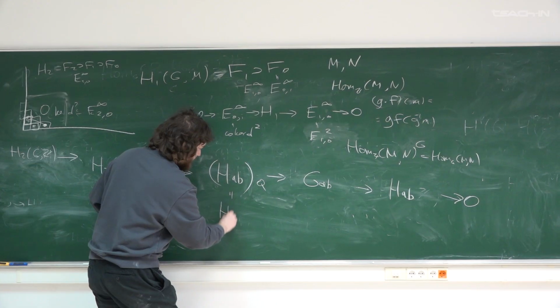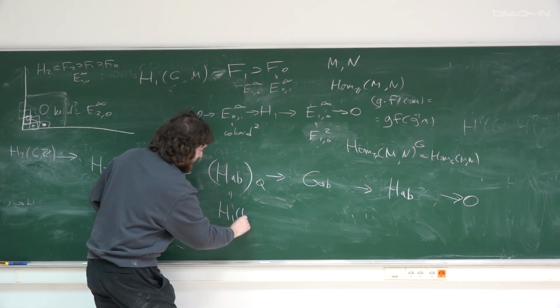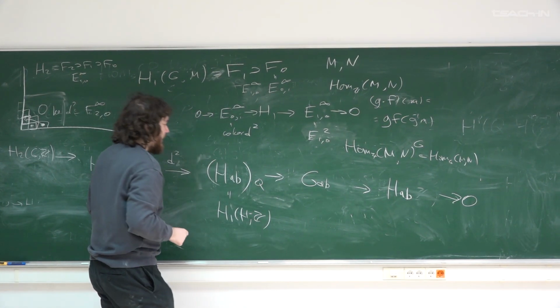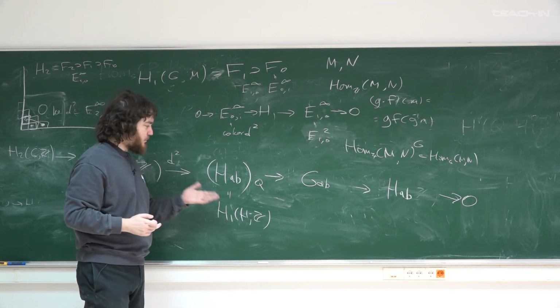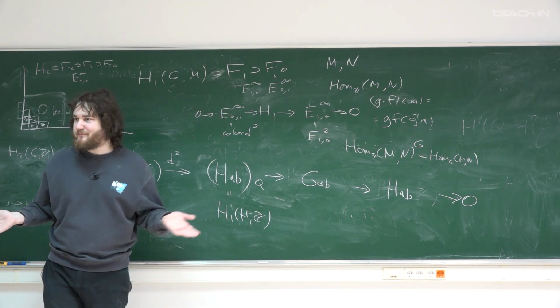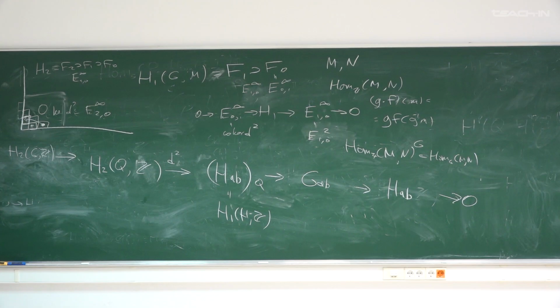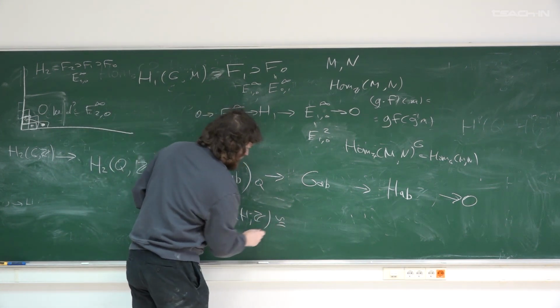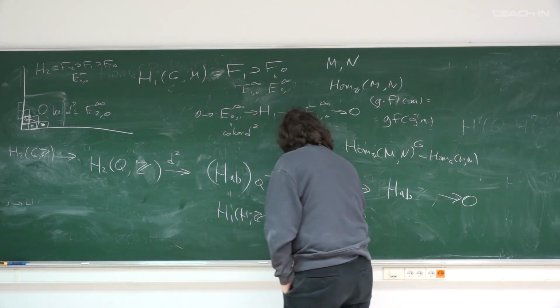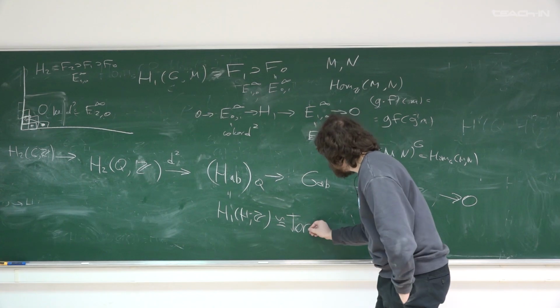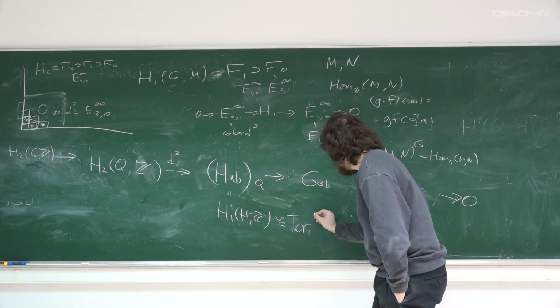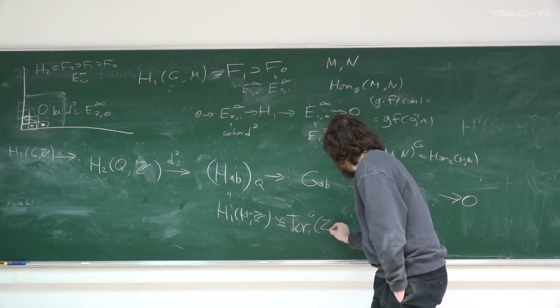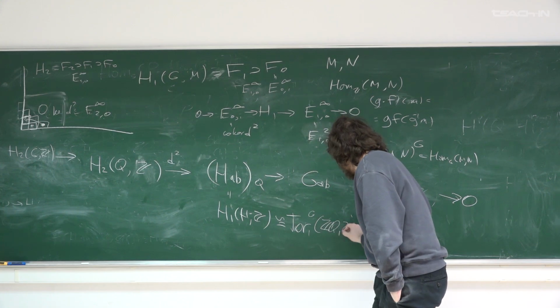It's the first homology of H in coefficient Z. Why is it a Q module in general? Because I know that it's isomorphic to Tor 1 over G from ZQ to Z.